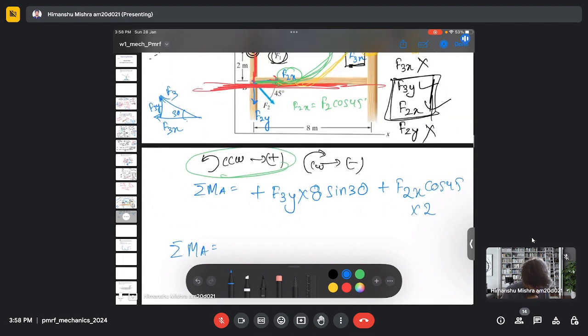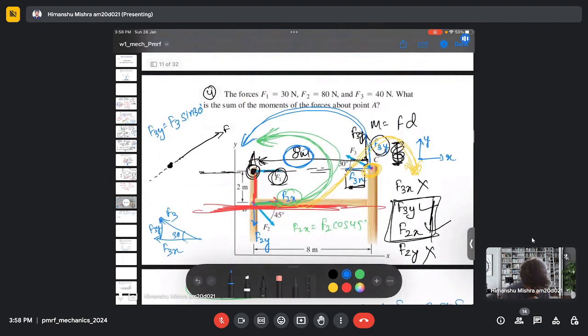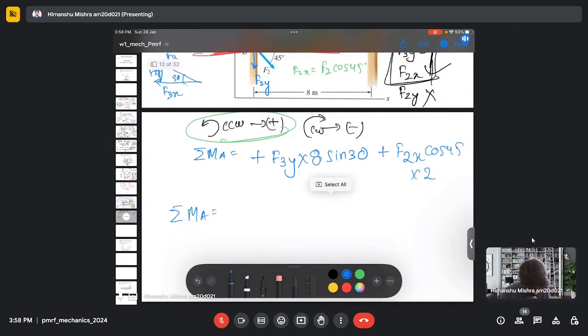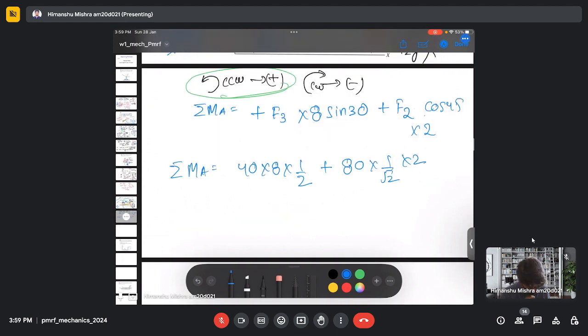So now you need to calculate it. So your F3 is 40. Sorry, this is not Y, because we took the component here. So now it's 40 multiplied by 8 multiplied by 1 by 2, plus F2 is 80 multiplied by 1 by root 2 multiplied by 2. So we will be calculating this now.